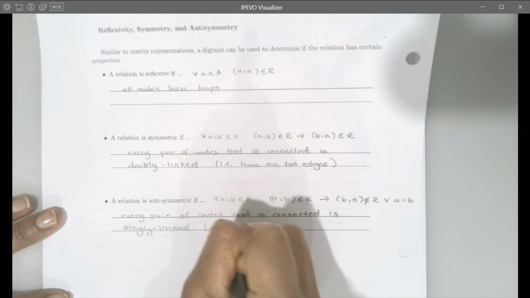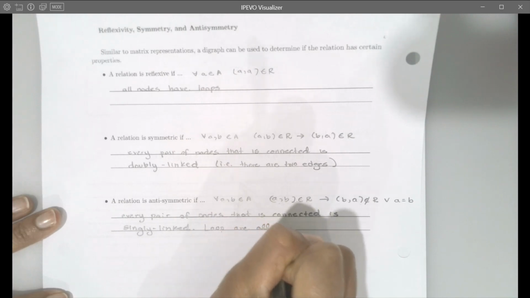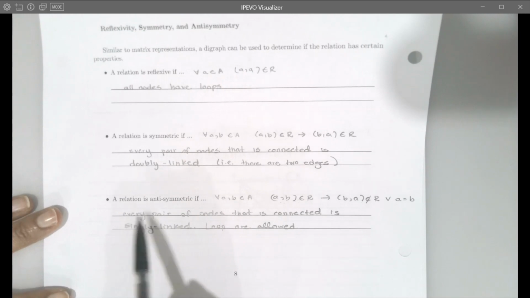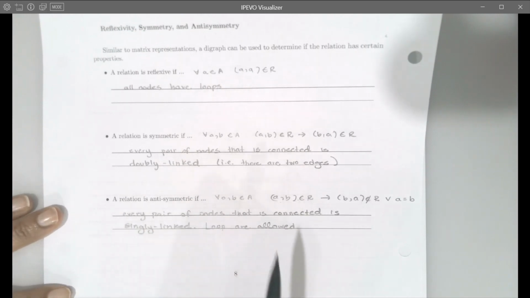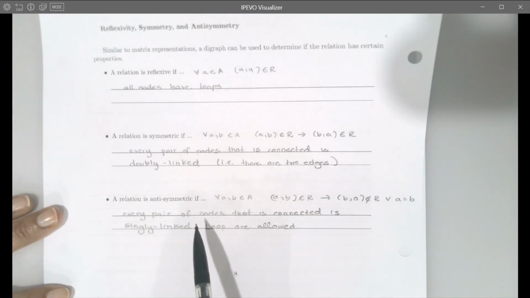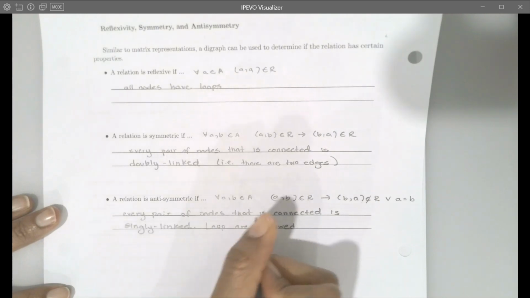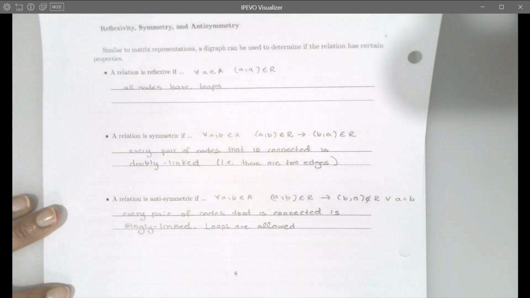That means that loops are allowed. In a relation that is asymmetric, you're going to be making sure that all pairs of nodes that are connected have only one edge connecting them. But you're also going to make sure that loops are not present for asymmetric. For antisymmetric, loops are allowed.